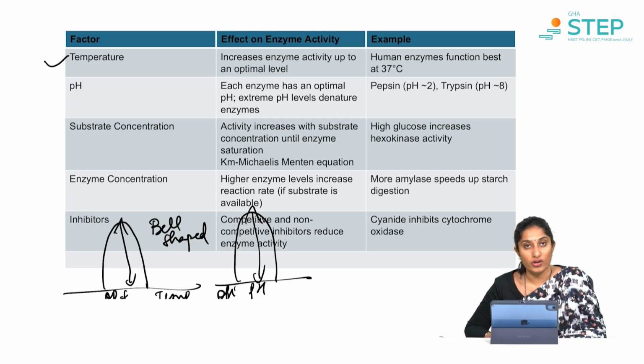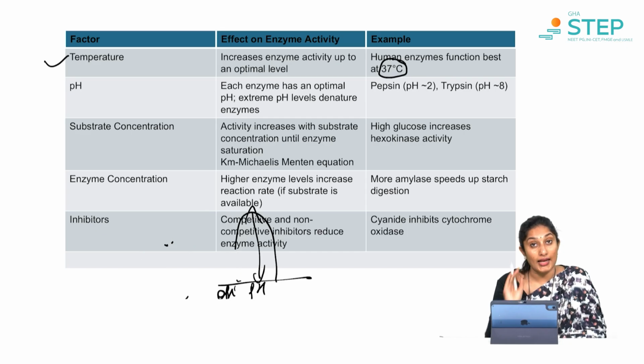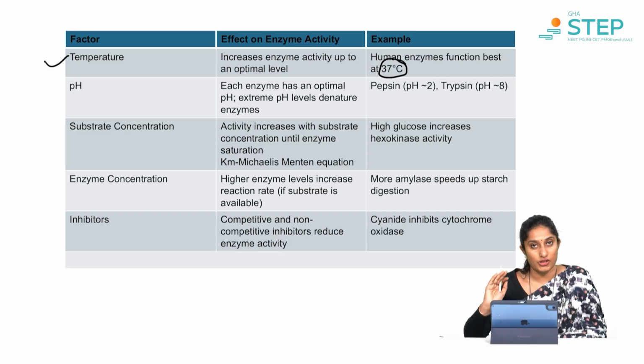So, what is the body temperature? Body temperature is 37 degrees Celsius. At this temperature, the enzymes have maximum activity. So, temperature, remember, bell-shaped curve, optimum temperature 37 degrees.